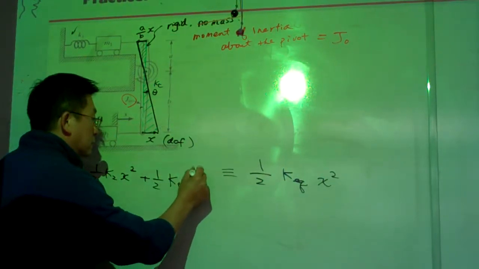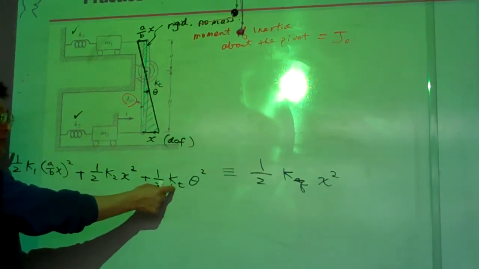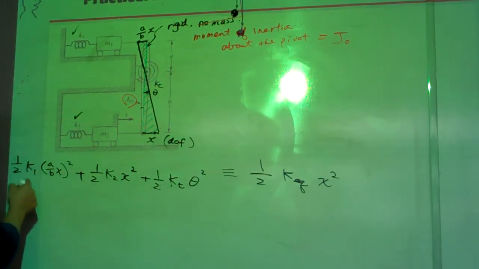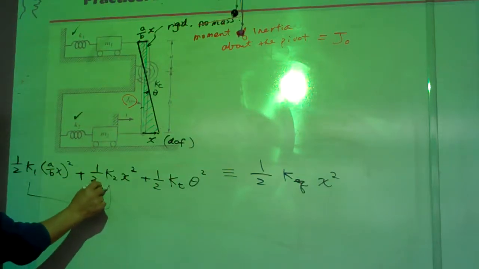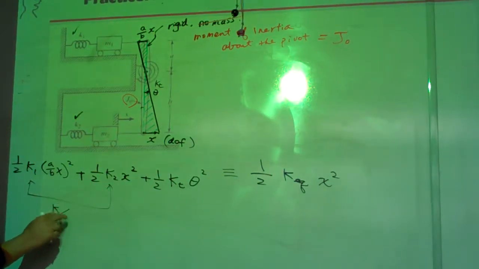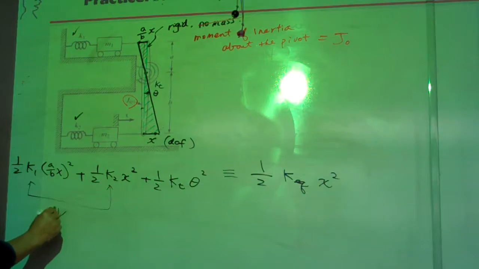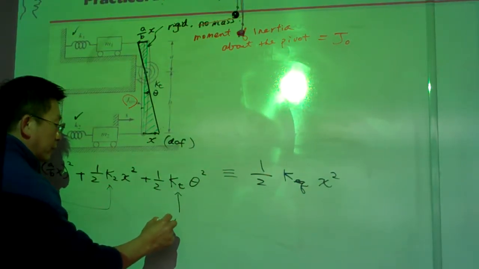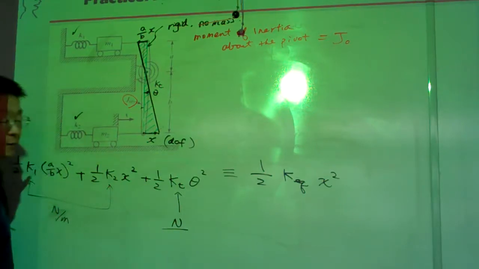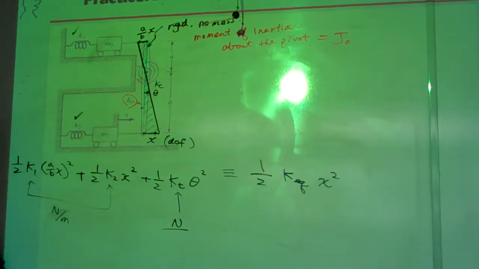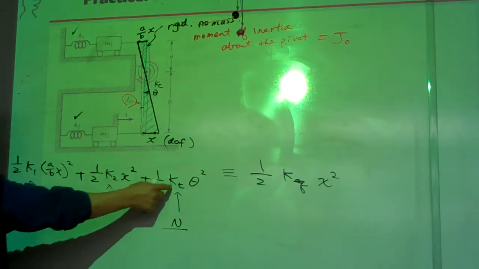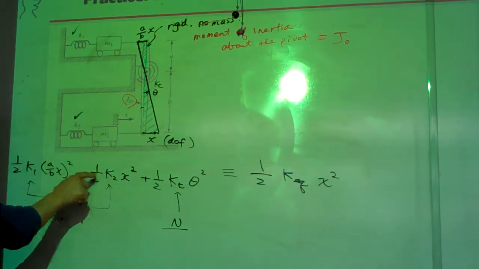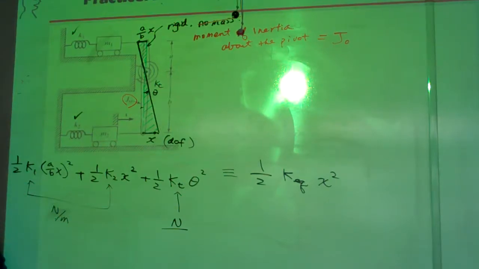K1 and K2 have units like newtons per meter, while KT would have newtons per radian, or whatever. What I want to say is that KT and K1, K2 have a little bit different units.